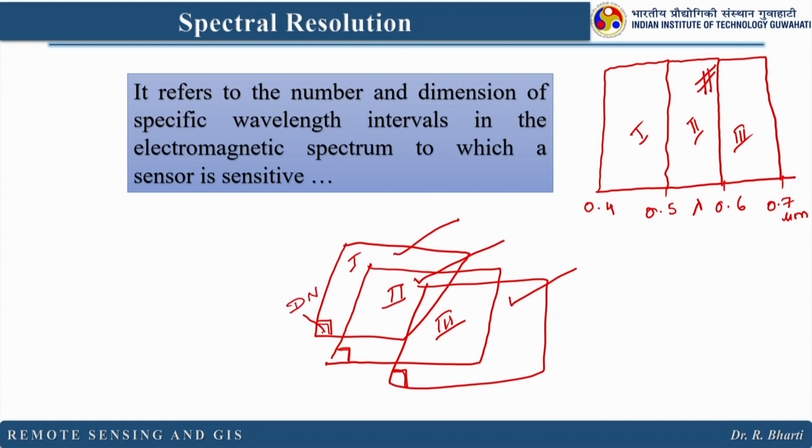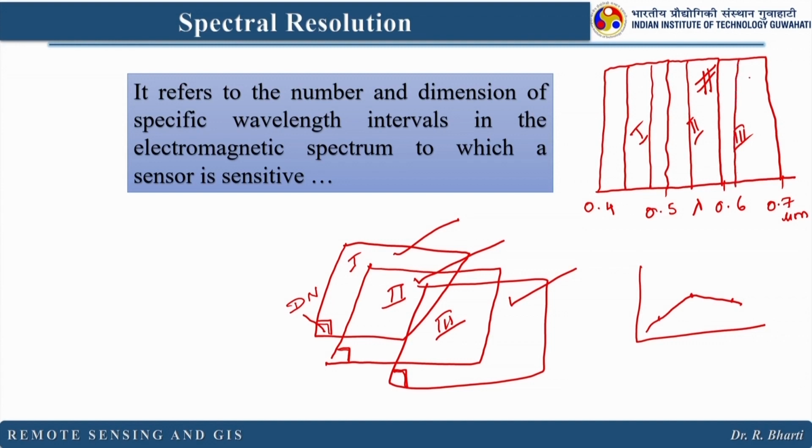So, if you extract those values from these three images, you can always plot these three values. For example, they will look like this. In case your sensor is capable of resolving more bands or smaller bandwidth, so here 0.4 to 0.41 one image, 0.41 to 0.42 second image, 0.42 to 0.43 third image.